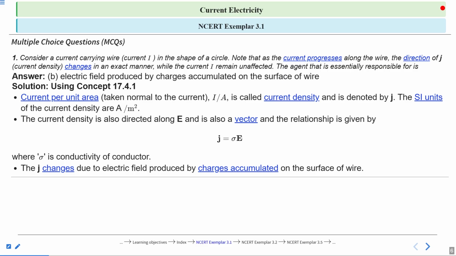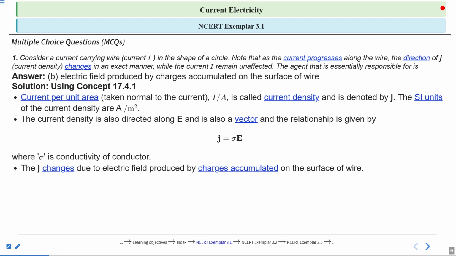What are these charges? When there are moving charges, like free electrons that move inside a conductor, and there is a variation in the cross section or a change of path of the moving electrons, then there will be some imbalance in the charge distribution.